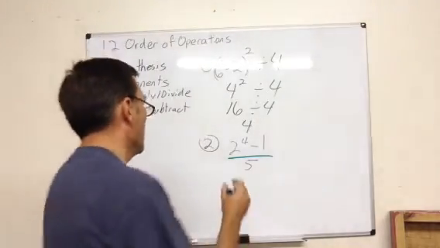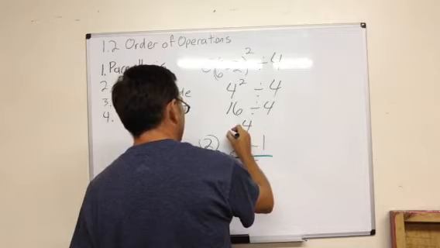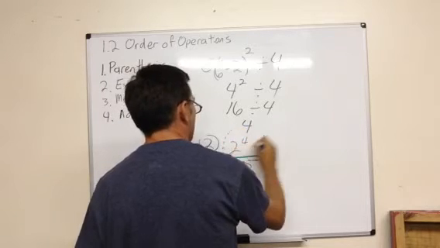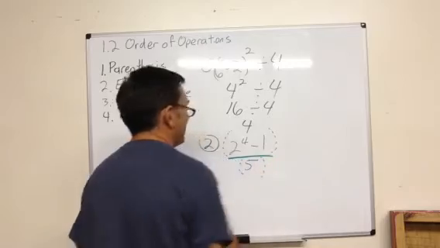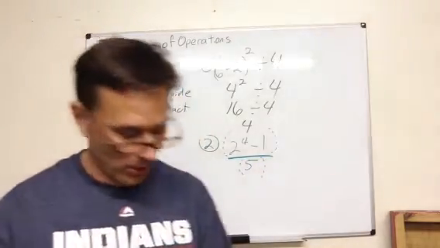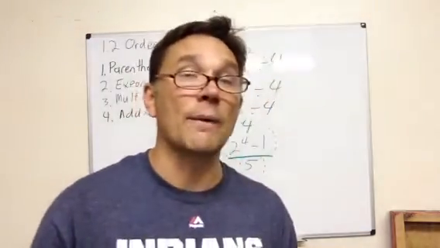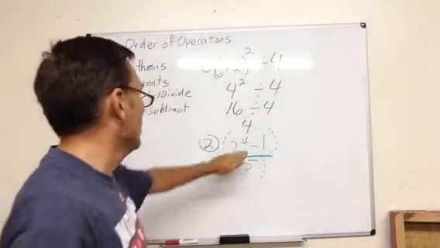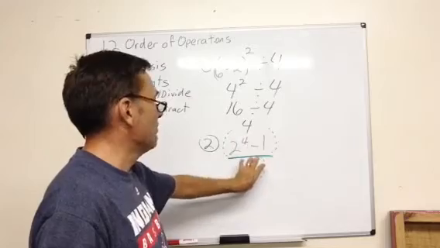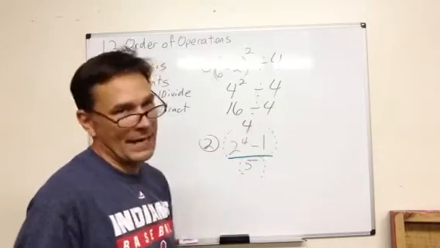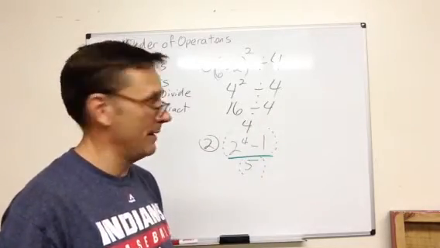However, everything on top is inside an invisible set of parentheses. We don't show them. No mathematician is going to write those out. But we have to understand, we need to solve this part first, solve the bottom part second, and then our last thing is to reduce or divide.